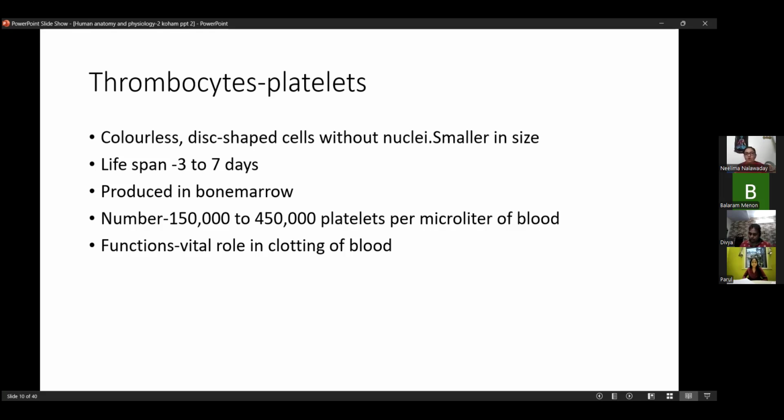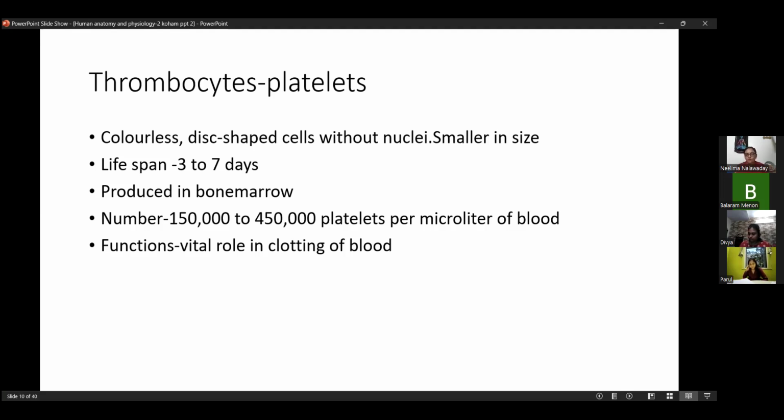You already saw red blood cells, white blood cells and thrombocytes are getting produced. Number is 1,50,000 to 4,50,000 platelets per microliter of blood. In case of dengue, they reduce to 20,000, 30,000, and then we need to go for platelet transfusion.